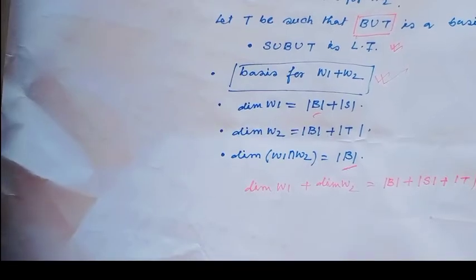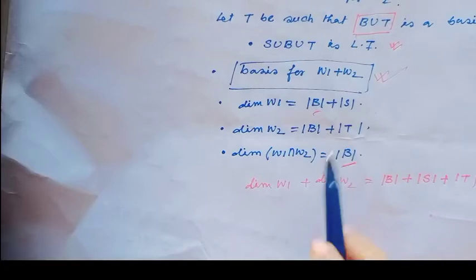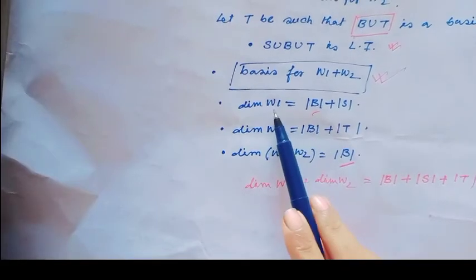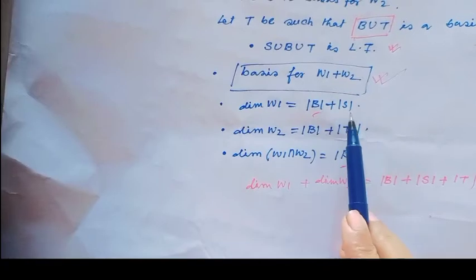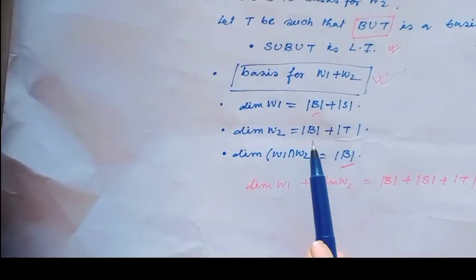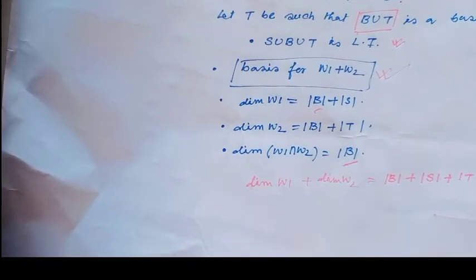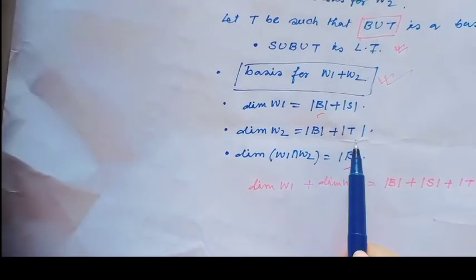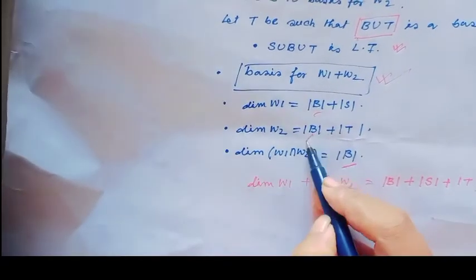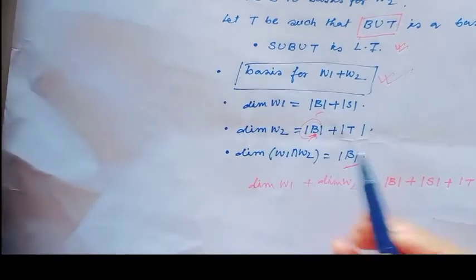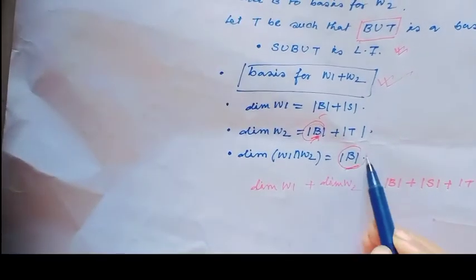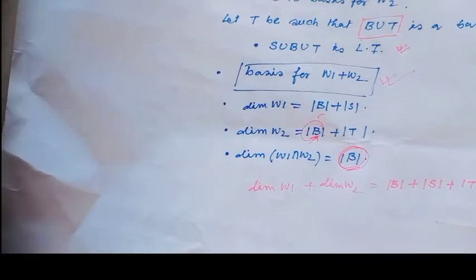And obviously notice dimension of W1 is dimension of B plus dimension of S, and dimension of W2 is dimension of B plus dimension of T. Here there is an extra B, which is actually dimension of W1 intersection W2.